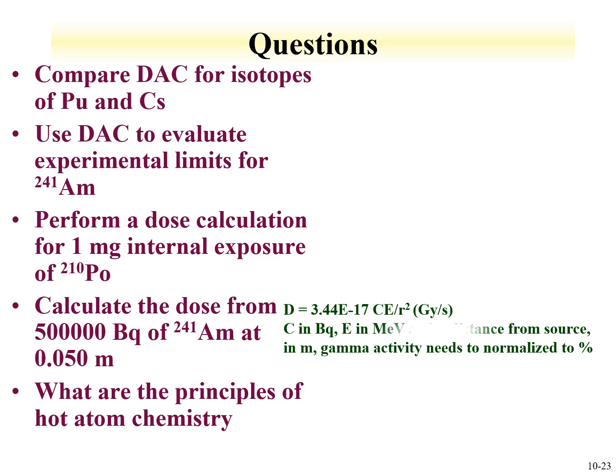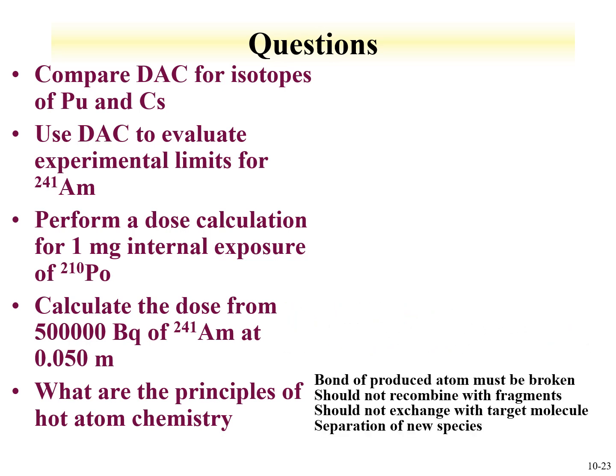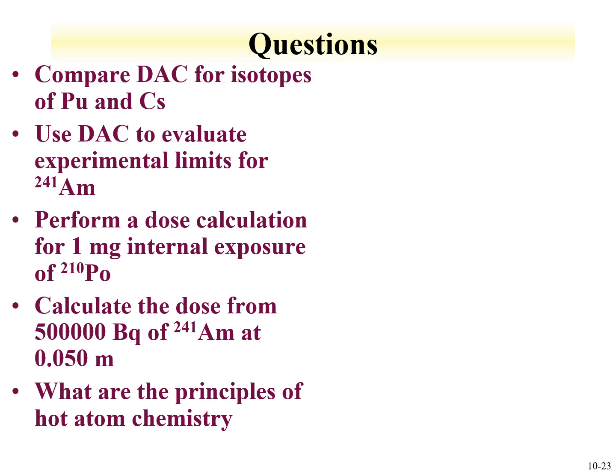And finally, when we discussed hot atom chemistry, what are some of the principles of hot atom chemistry? One uses a nuclear reaction for bond breaking to try to do separations for carrier-free isotopes. Well, one, when the nuclear reaction occurs on the molecule, that atom that absorbed the nuclear component has a reaction product, for instance n-gamma, and that new isotope that's produced should have its bond broken with the molecule that it was bound with.